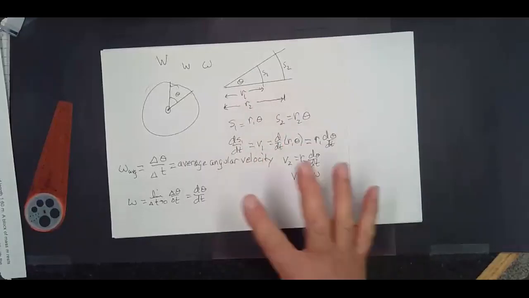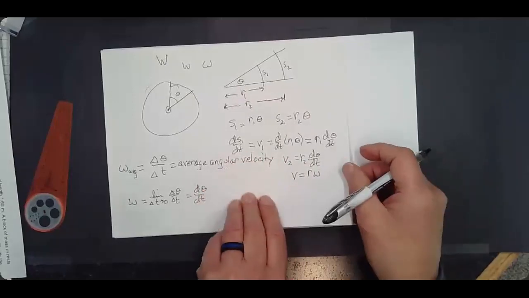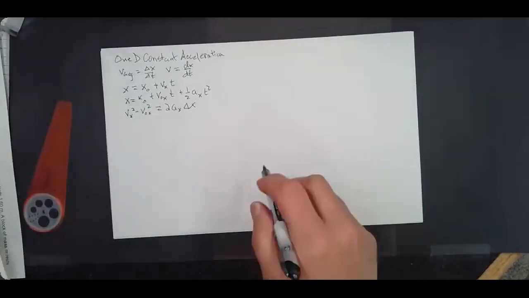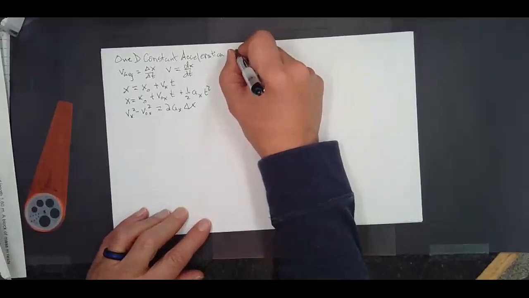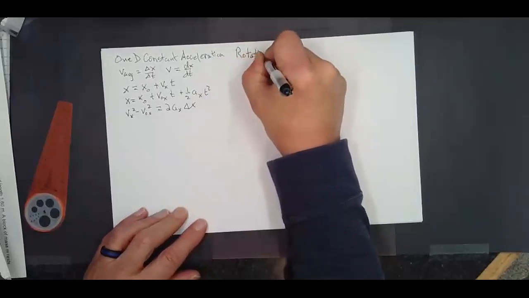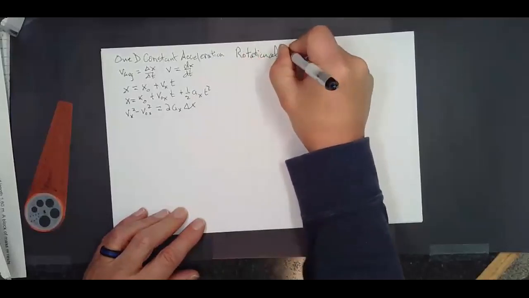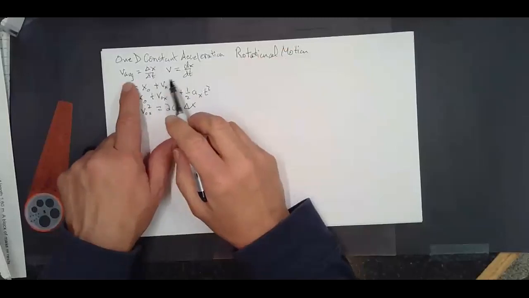So we've got a few connections between these things. And in fact, I could go to my 1D constant acceleration. And now let's look at rotational motion and see what kind of things I can write down.